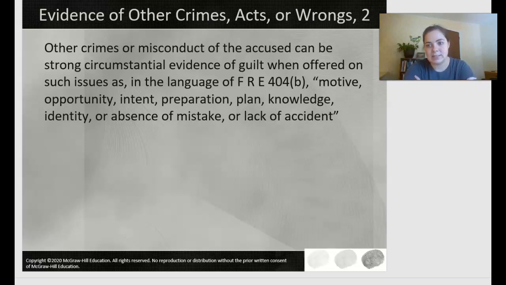They will show, well, we want to present this because we don't want the defendant to claim they didn't know how to commit this crime, when we know for sure that they've committed similar crimes in the past. So it's not to say this defendant's a bad person, it's to say this defendant absolutely has the knowledge or the skill necessary to perpetrate this crime because we can establish they've done it before.